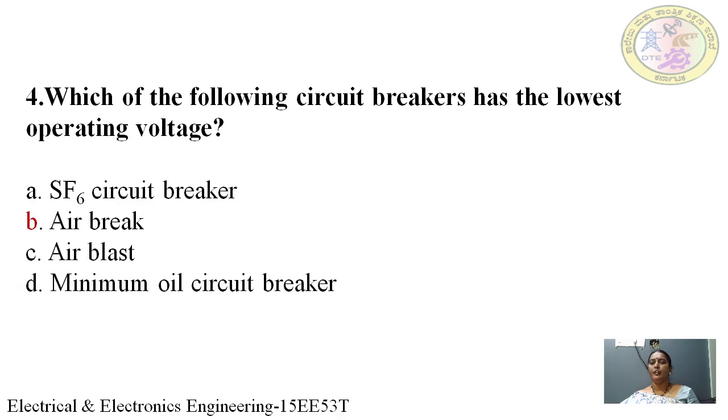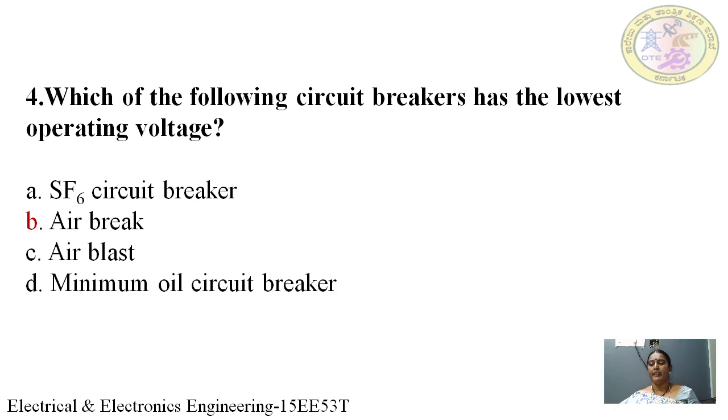Fourth one, which of the following circuit breakers has the lowest operating voltage? Starting from the beginning, we have breakers where the arc quenching medium is air, then oil, then SF6, then vacuum circuit breaker.